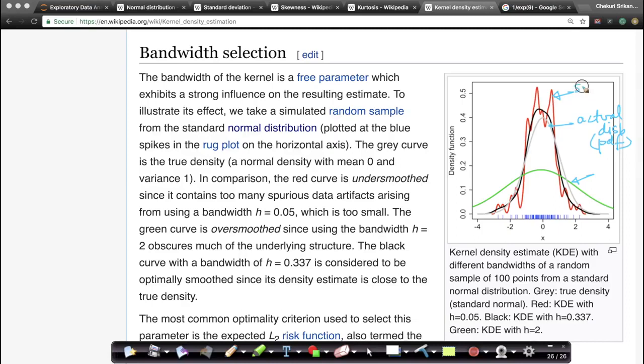So this is small bandwidth. This is very large bandwidth. With a more optimal bandwidth, as you change it, you'll get a smoother curve like your black curve, which is a nice approximation of your actual distribution, your gray curve. This is a medium bandwidth.